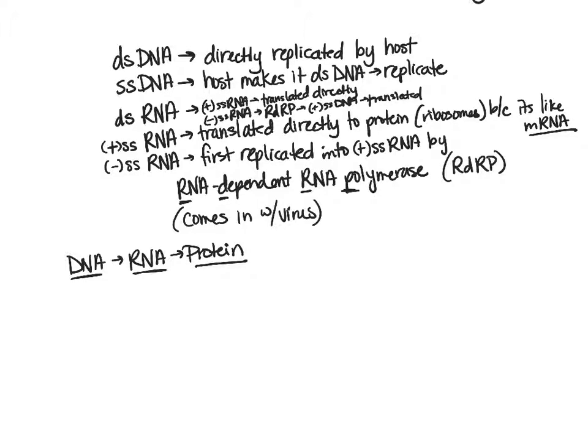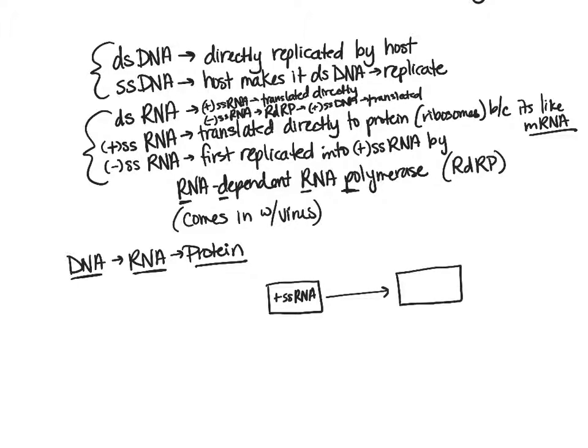We can see this with viruses. Remember up here, we have our DNA viruses, but if we have RNA viruses that we're infected with, we have a different situation. In the text it has something that looks like this: positive single-strand RNA can automatically be translated into the viral proteins.